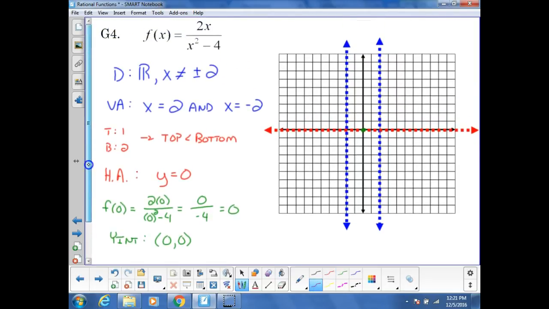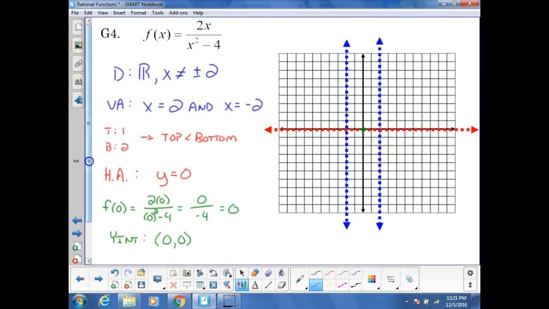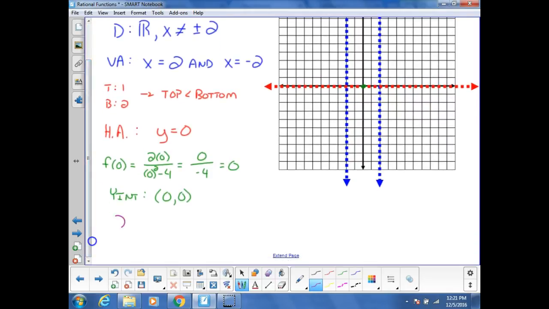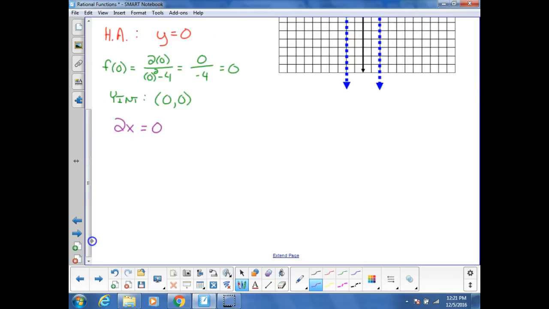For my x-intercept, I set the numerator, which was 2x, equal to 0. So that gives me x equals 0. So my x-intercept is also the origin.